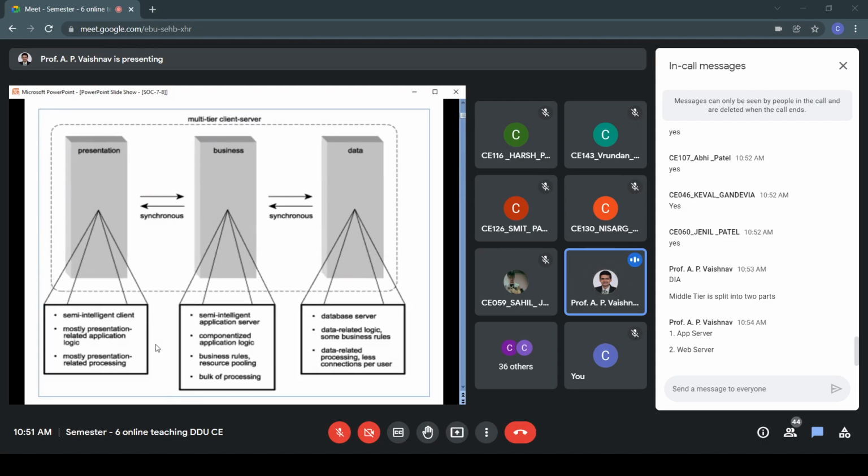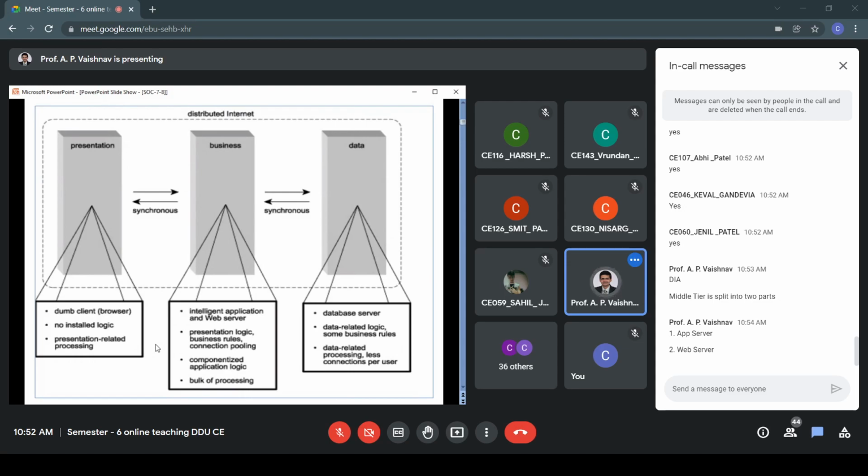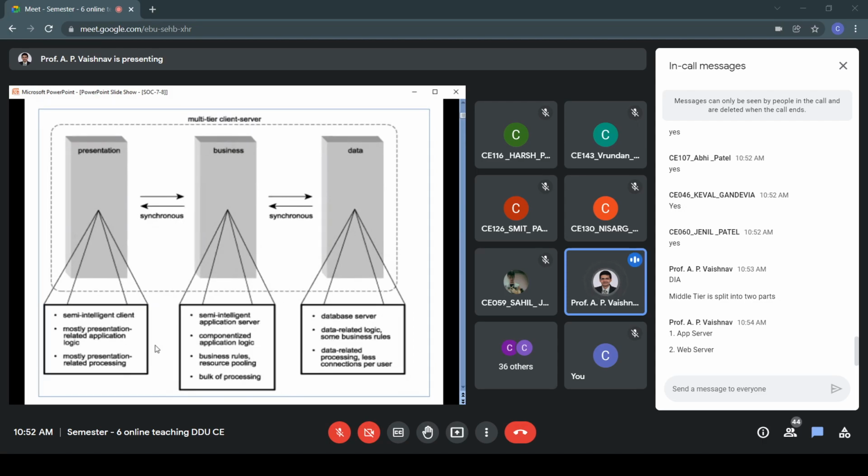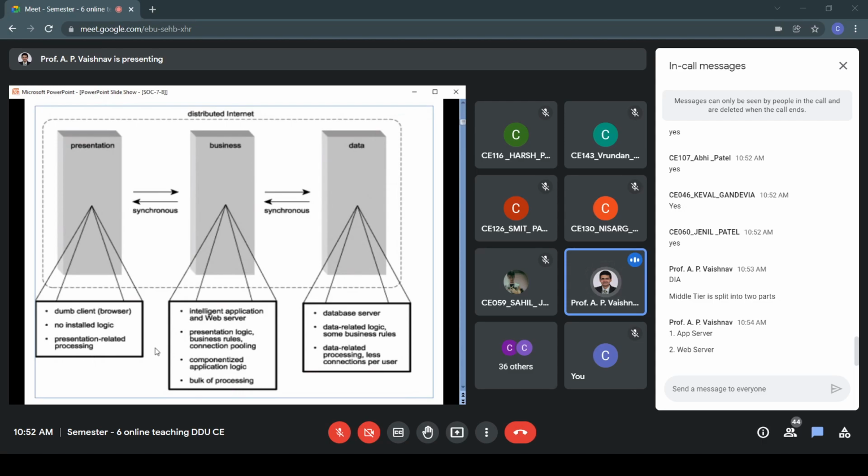You can just type in one or two: one for multi-tier, and two for distributed. In this case, the middle tier has to do a lot of processing because all the components are there on the middle tier. Plus, you have to manage the web as well. So yes, there is a lot of complexity, but the client side is simplified. Do you agree with this?